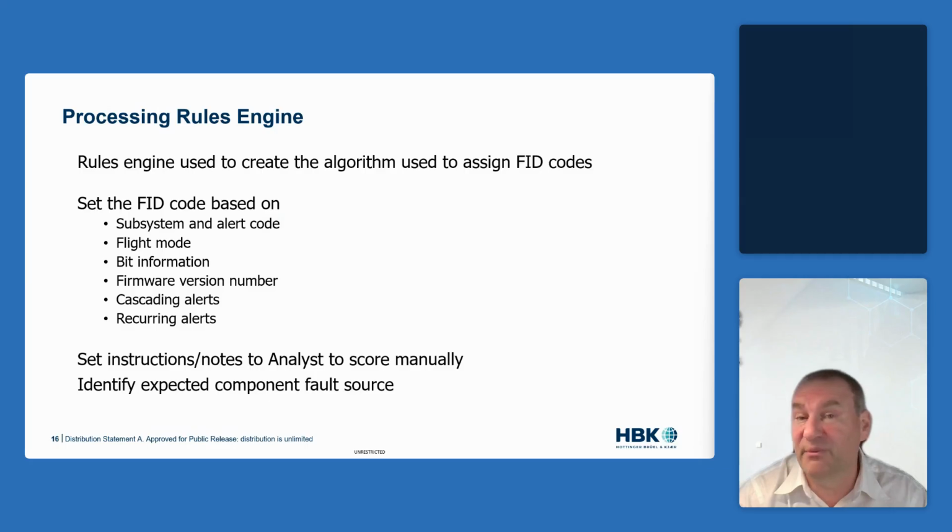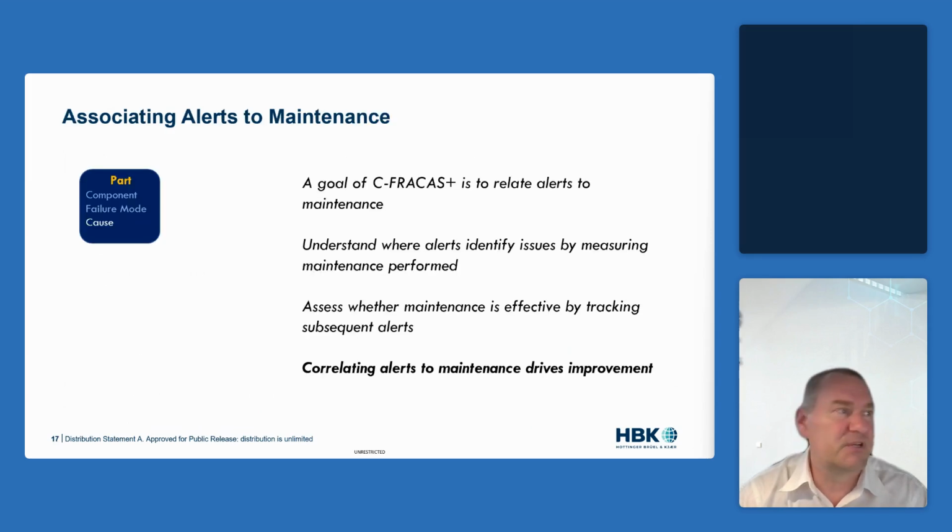Then we provide that information to the analyst. And the analyst can then take that information and basically establish, hey, I see this alert. I see that it's meaningful. It's telling me that it's isolated to a particular event. Now I can go look at that maintenance action and see how it's related to that particular alert. So I'm just going to describe that in terms of what we're actually doing here and how we associate alerts to the maintenance in the system.